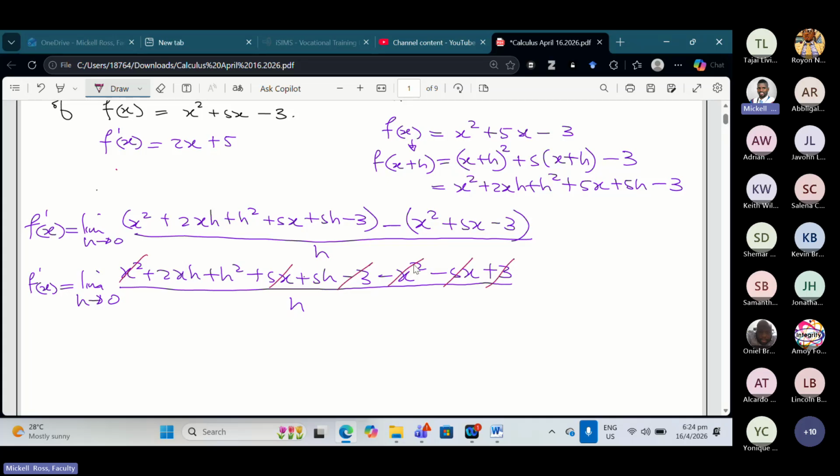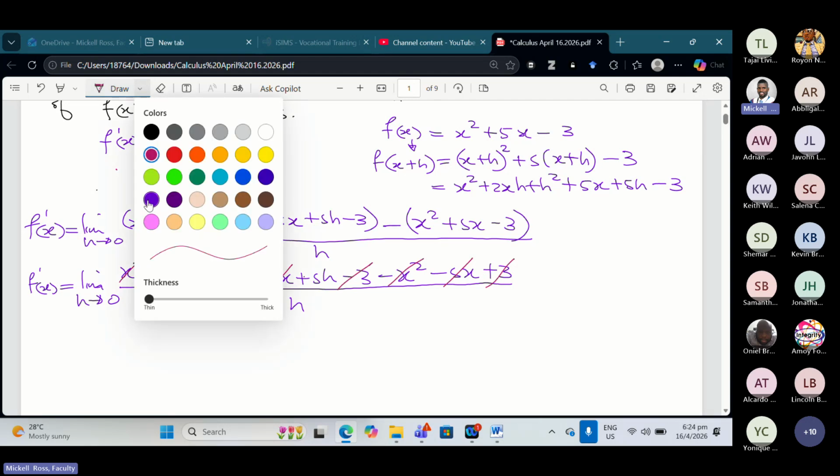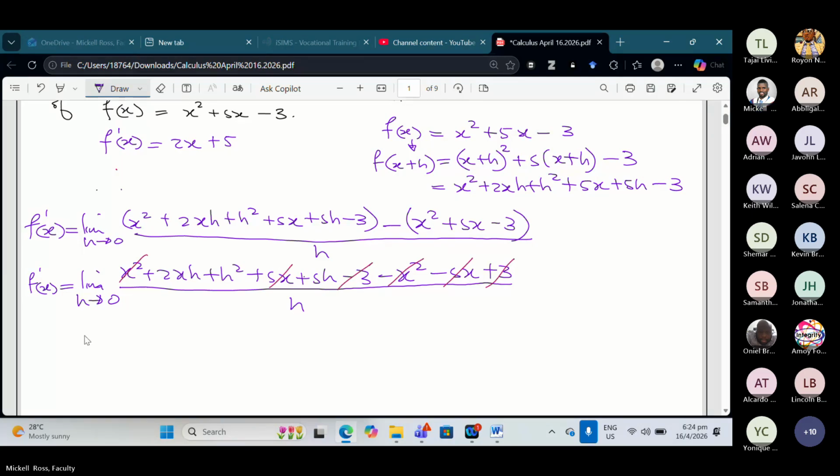So all of those we can cancel, because you have a positive x squared and a minus x squared, a positive 5x and a minus 5x, and a negative 3 and a plus 3. All of those are opposite of each other, so they will cancel out. So we have the limit as h tends to 0 of 2xh plus h squared plus 5h, all divided by h.